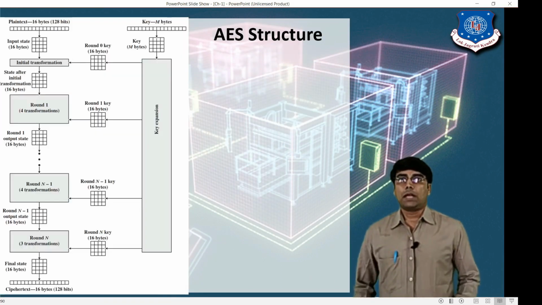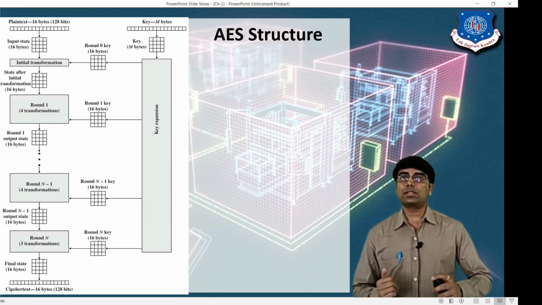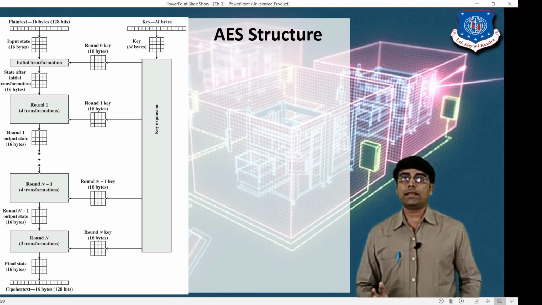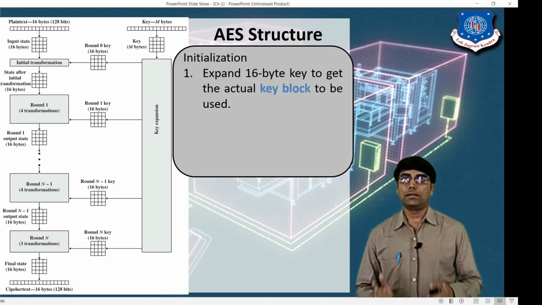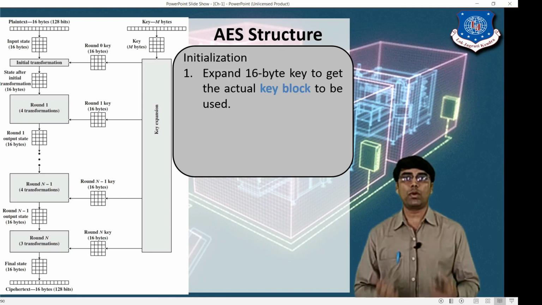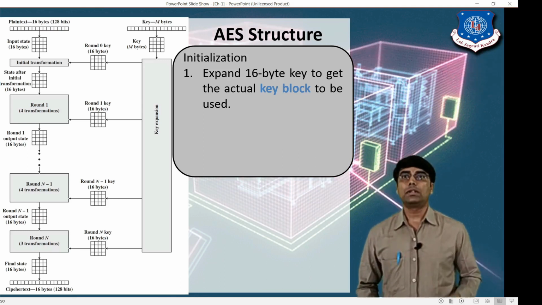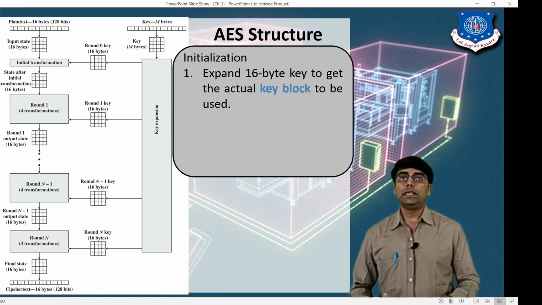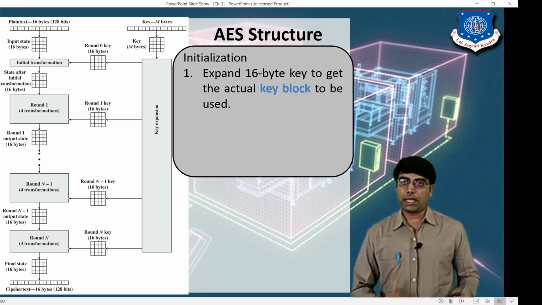Now let's see the AES structure. In AES, your plain text is divided into 16 bytes. The size of the plain text is 128 bit, and it is divided into 16 bytes because each and every input is stored in a state.